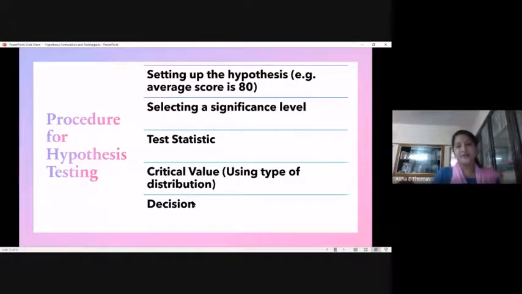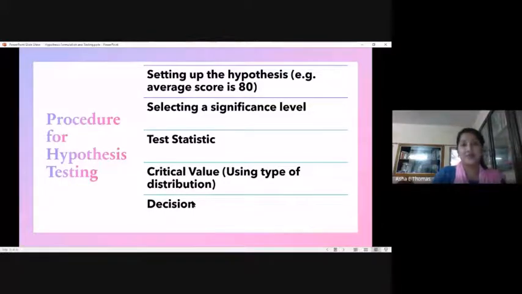The basic procedure for testing of hypothesis, as I said, I've given these steps with the same example I was mentioning when talking about level of significance. First, I will set the hypothesis. In our example, the hypothesis is that the mean, the average score of PG students, is equal to 80 marks.